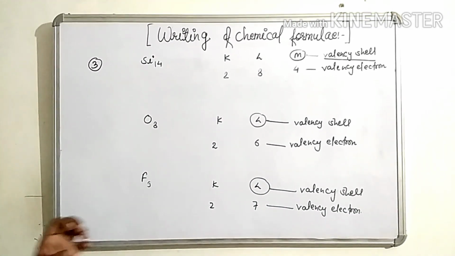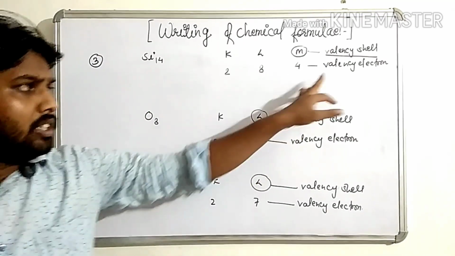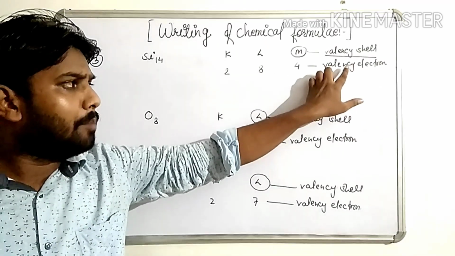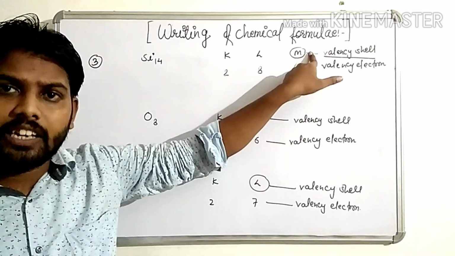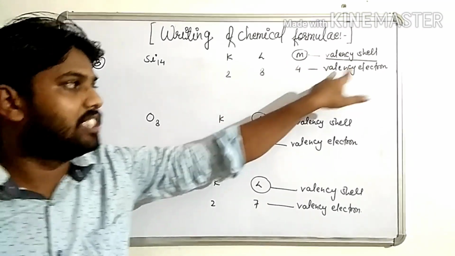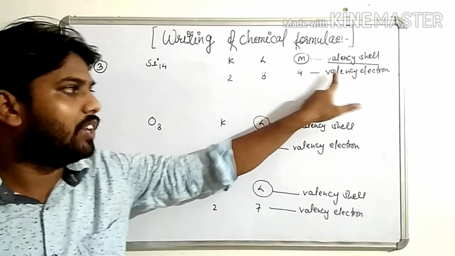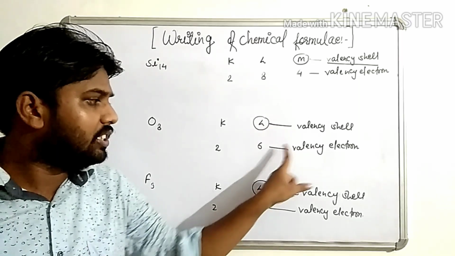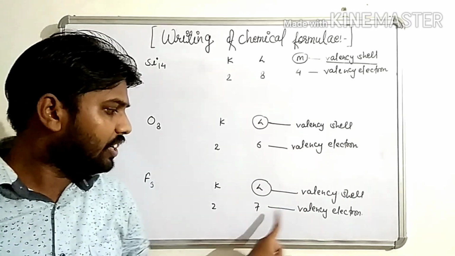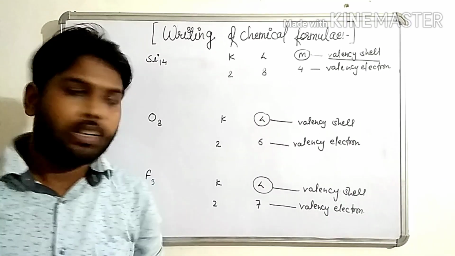Clear children? Once again I repeat, the electrons present in the valency shell are known as valency electrons. Here 4 is valency electrons, 6 is valency electrons, 7 is valency electrons. Clear children?